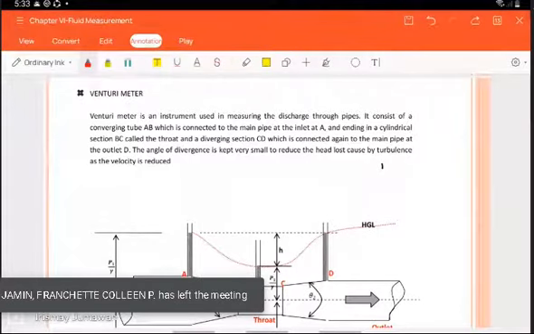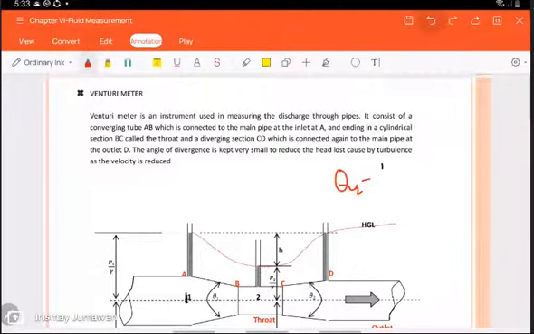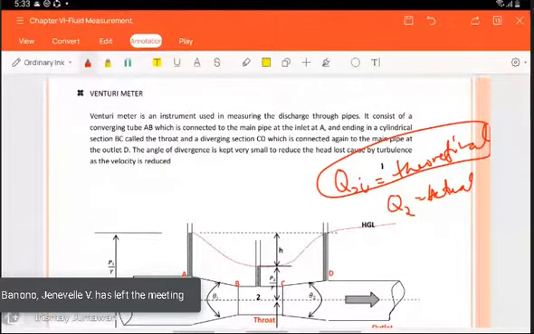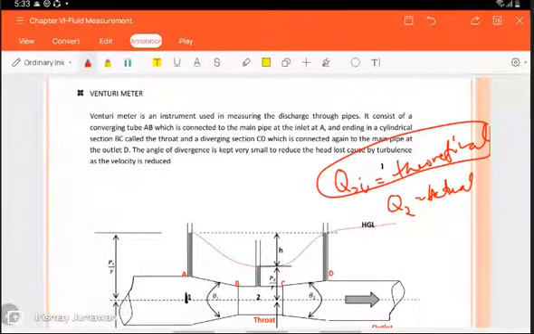So in your fluids, yours is Q2I, while mine is Q2, that is the actual. This one is fluid mechanics, and this one is the actual flow.